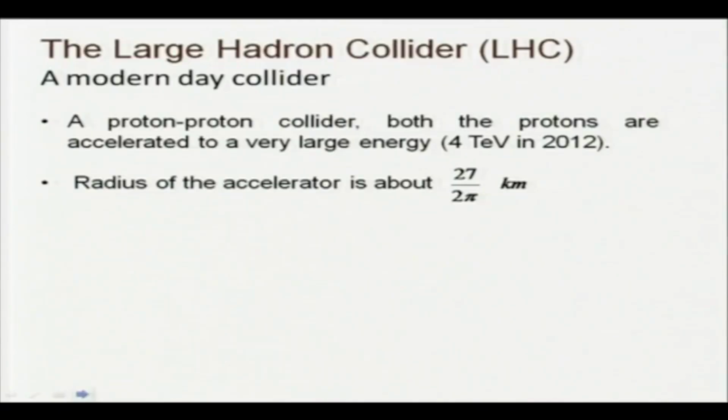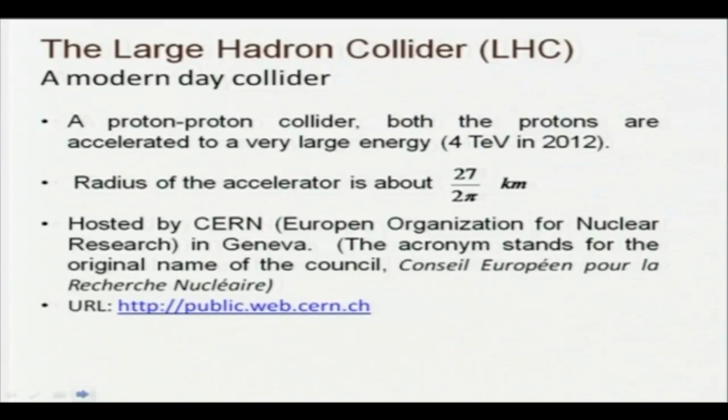The radius of this ring is 27/2π kilometers, or the perimeter is 27 kilometers. It is hosted by CERN, which stands in English for the European Organization for Nuclear Research, situated in Geneva at the border of France and Switzerland. The acronym actually stands for the original French name from when they started the whole idea.